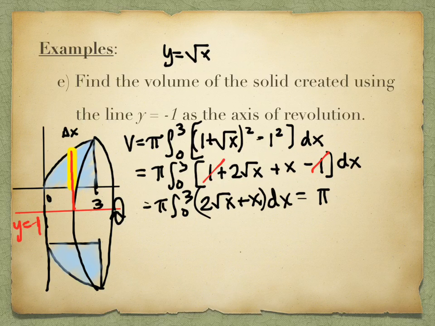All right, so what is another way I could write that? Maybe that might be more helpful. I know some of you like to see this, so I'm going to write it: 2x to the 1/2, and then plus my x. If you don't have to see that to do it, that's fine, but I know some of you like to see that, so we'll do it. All right, what's the antiderivative of 2x to the 1/2?